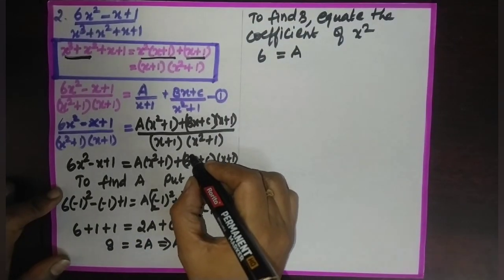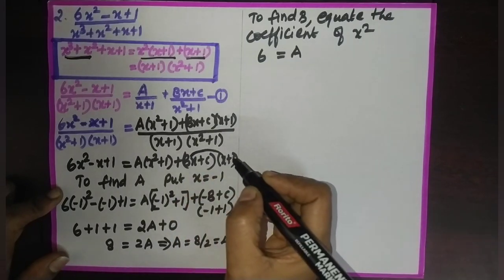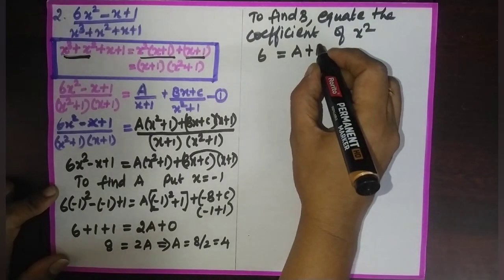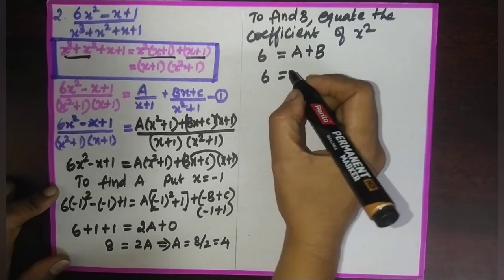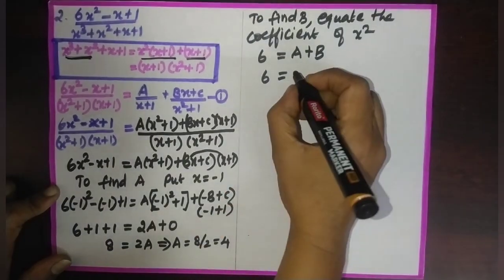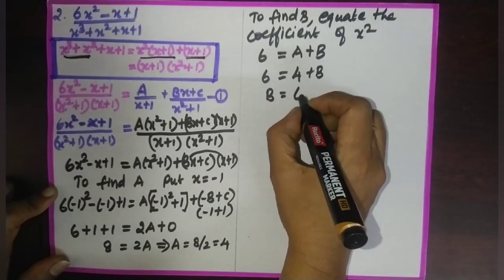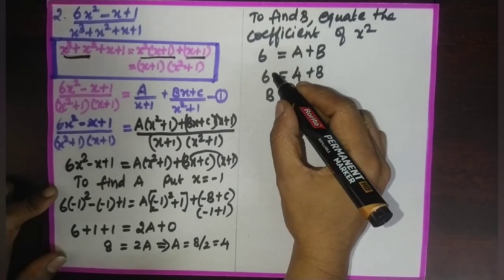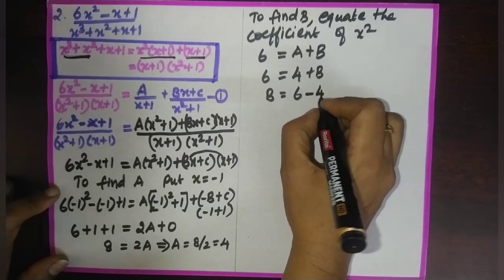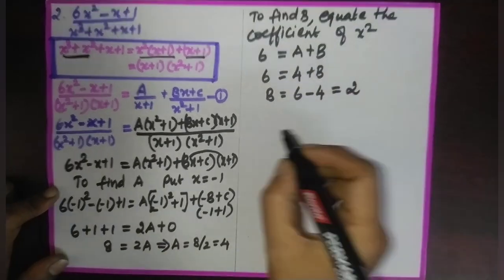In the second term, bx into x, bx square. The coefficient of x square in the second term is plus b. We know the value of a is 4 plus b. Then b equal to 6. When you are bringing this plus 4 to the left side, it will become minus 4. 6 minus 4 is 2.